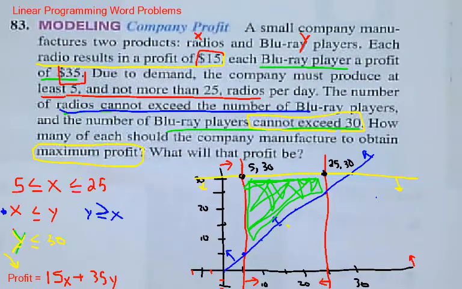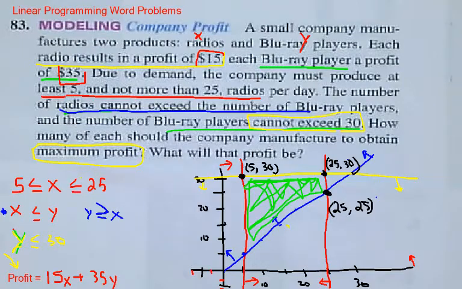Yay, we found that one. And this one's not hard either because the blue line is y equals x. So what's x? On the red line, it's 25. That means the blue line is 25 as well. All right. So we got that one.